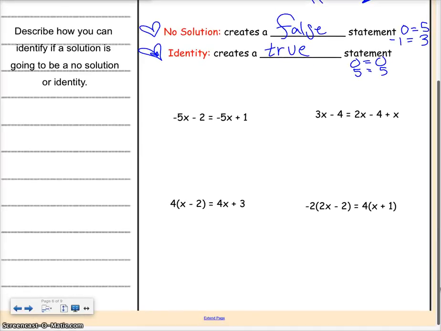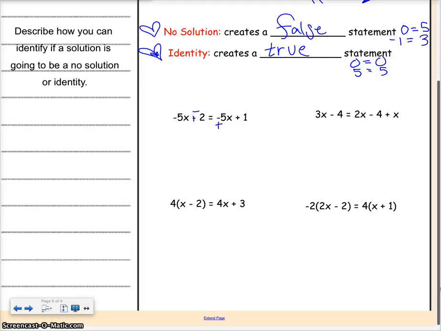So, we solve as normal. I'm going to plus a negative here just to keep my integers straight because I'm not going to let them mess me up. And then I need to get my variable to one side. Should I move the -5x or the -5x? Doesn't really matter.